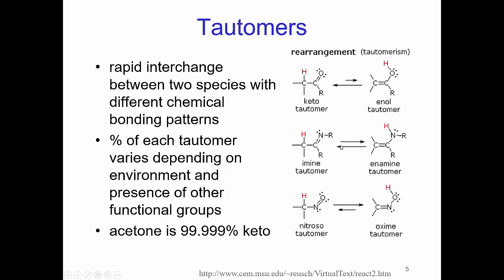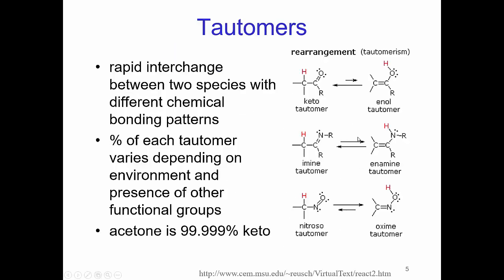Now these have different levels of stability, and so in many cases we can see proportions of these that are significantly different from what we see in keto-enol, even for otherwise similar compounds. So this one has more of a tendency to form both of these forms than do ketones.